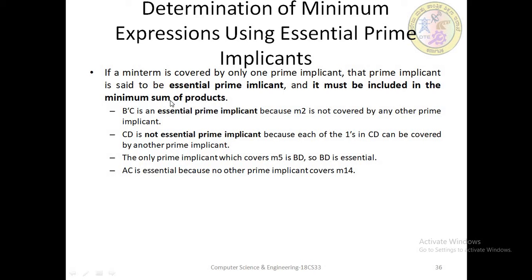Always it exists. Considering the previous map, B bar C is an essential prime implicant because M2 is covered only by that prime implicant. CD is not an essential prime implicant because the ones in CD are covered by another prime implicant. The only prime implicant which covers M5 is BD, so BD is essential.